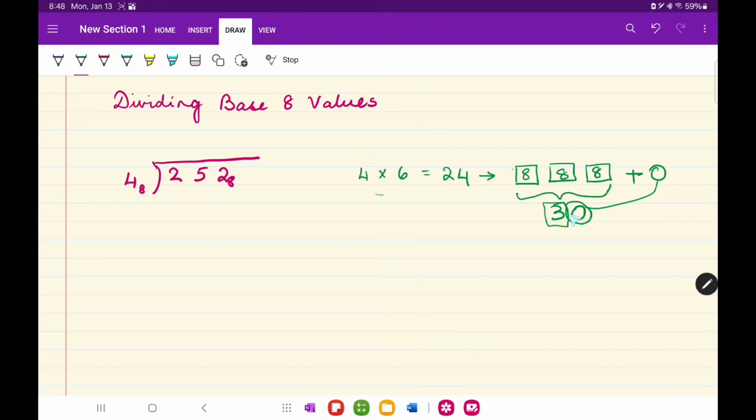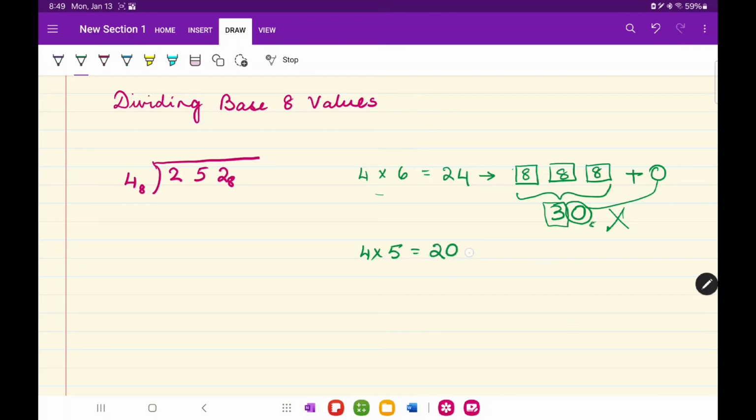So 30 is larger than 25. So this won't work for us. 30 base 8 will not work for this problem. So let's pick the next lower number, which is 4 times 5. All right. So let's see what 4 times 5, which is 20, is in base 8.